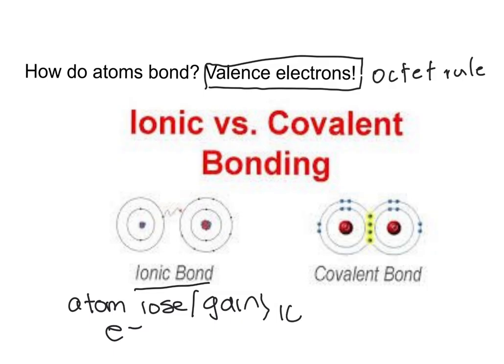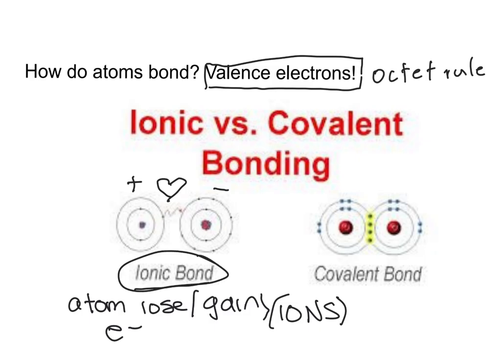Remember, we talked about what happens when you change the number of electrons in an atom. You create a charged atom. So I might end up with one atom that is positive because it lost electrons, and an atom that gains electrons, so that one's going to be negative. That attraction between the two creates a bond, and we call that an ionic bond.